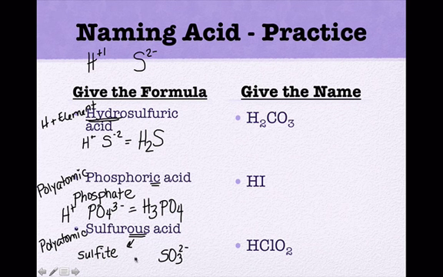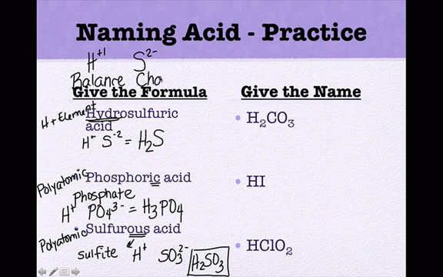I still need to have my hydrogens in front, and this time I'm going to need 2 hydrogens for every 1 sulfite, so this will be H2SO3, my formula for sulfurous acid. So really important, balance charges. Make sure you balance charges and you look for that prefix hydro because that cues you into what type of acid it is.